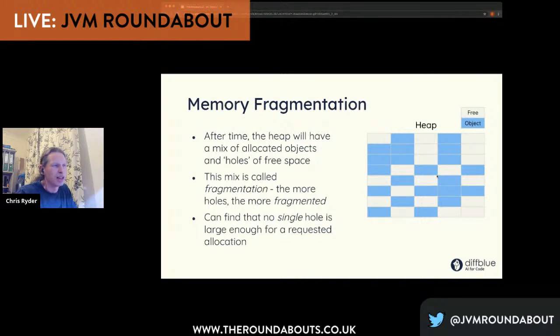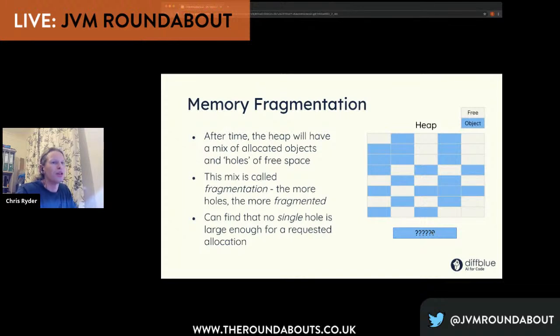So when you want to allocate this new object, you suddenly find there is no single contiguous piece of free memory that you can fit it into. Although you have plenty of free memory in total, you can't actually allocate the object. And the more gaps there are, the more fragmented it's considered to be.